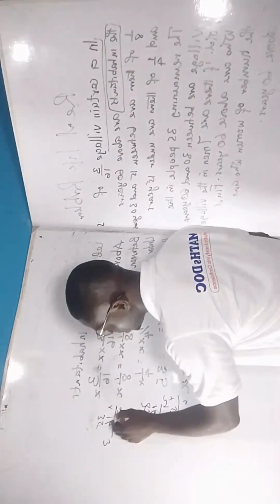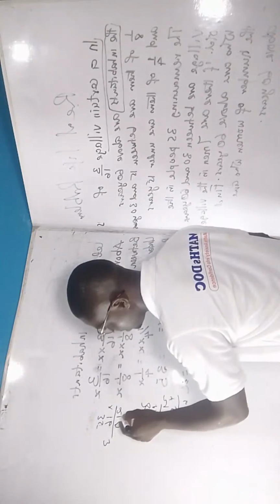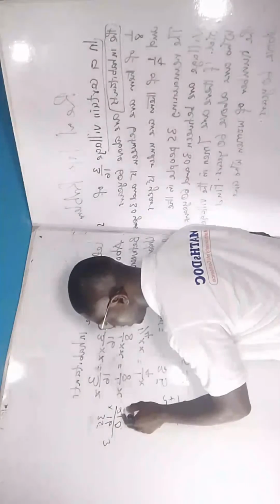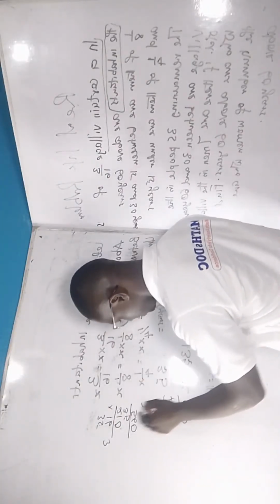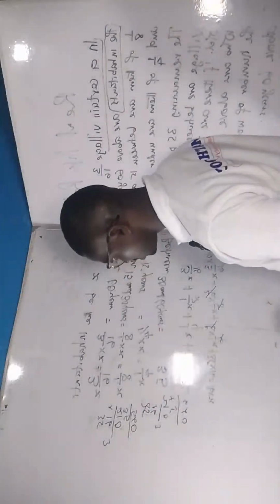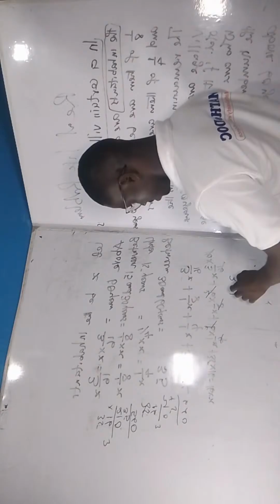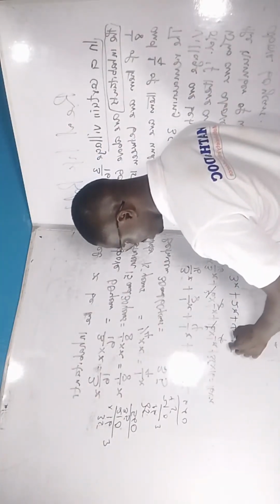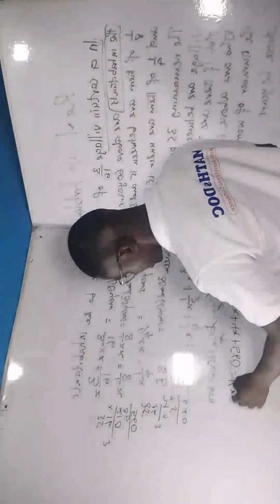Now 1 times 5 is 5, 1 times 3 is 3. So we have 560. So we have 3x plus 2x plus 4x plus 560 is equal to 16x.